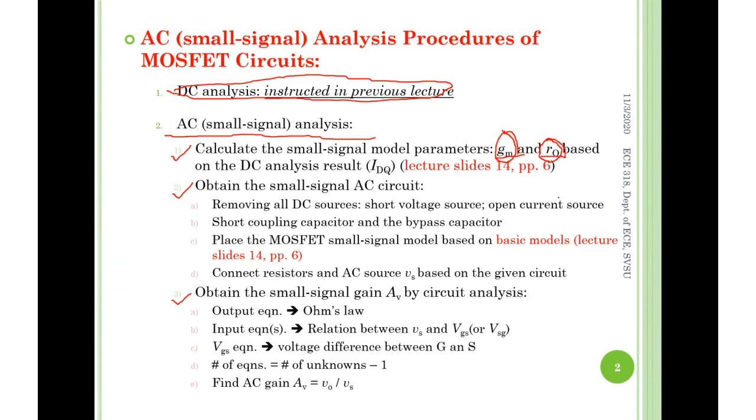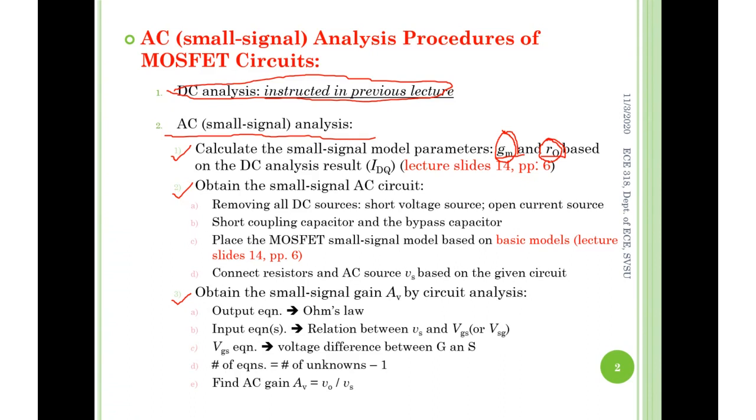Good, good. Kevin is right. gm is called transconductance. What is r0? It's the resistance between the drain and the source. Very good. It is called output resistance.